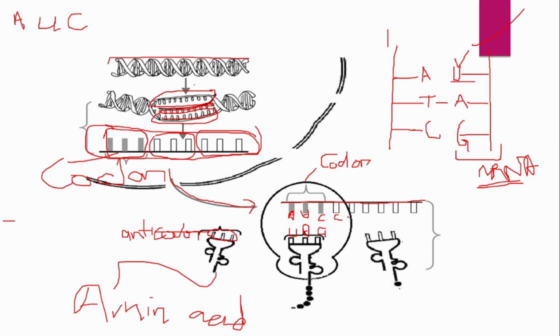Let's say the codon has C and C, so this one needs to come with G, G. It will attach here, they will bond, and as they bond, the amino acids join together, forming a peptide chain.